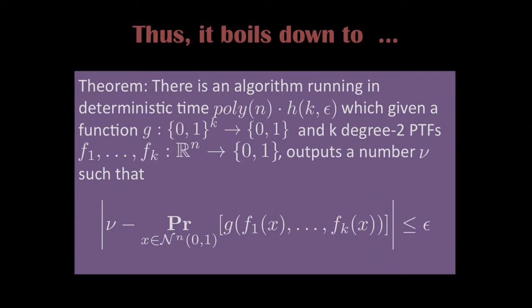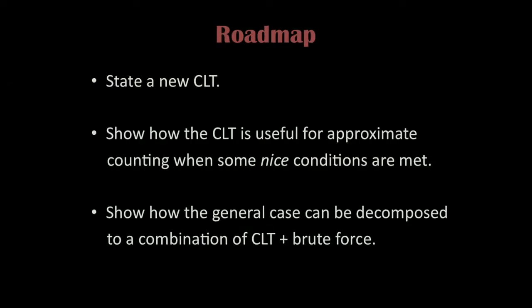That is, if you're given k degree 2 PTFs with the domain equipped with the normal distribution, then you want to do this additive approximate counting. And the roadmap towards achieving this is, first we'll state a new central limit theorem, then we'll show how the central limit theorem is helpful to do the approximate counting when some nice conditions are met on the polynomial.